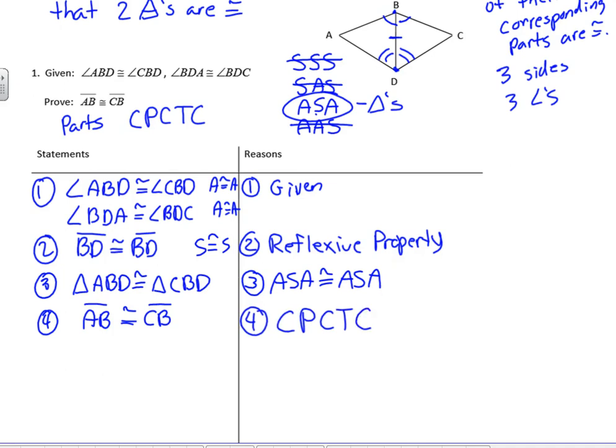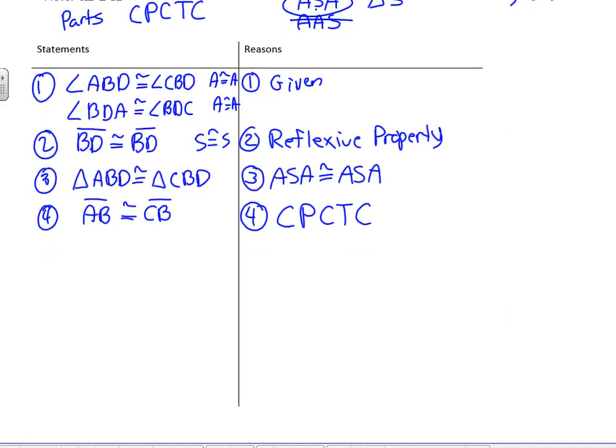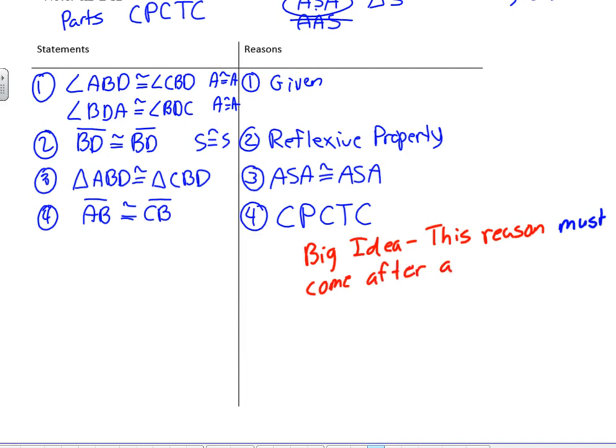And we can just abbreviate it that way. But the big idea here is this reason must follow, or must come after, a statement that two triangles are congruent.